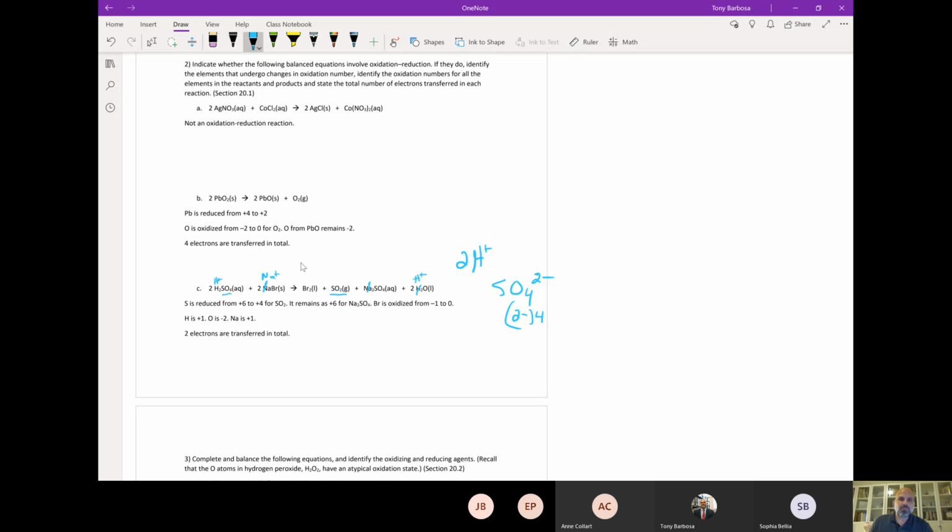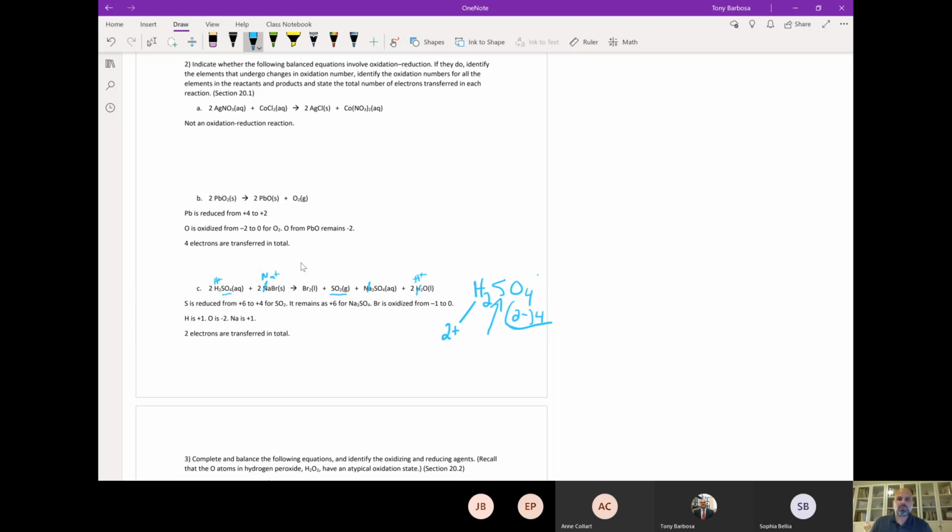For this sulfur to balance all of this out, let me keep it all together so it makes more sense. H2SO4: each of these is going to be worth 2 plus from the 2 protons. This is going to be -8 for our oxygens.